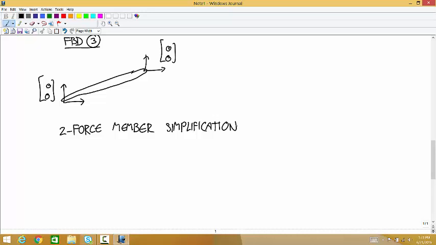This is the basis of the approach, the special approach for trusses. And so that's probably the most important reason that this is worth hearing about. So this is what the truss simplification is based on.